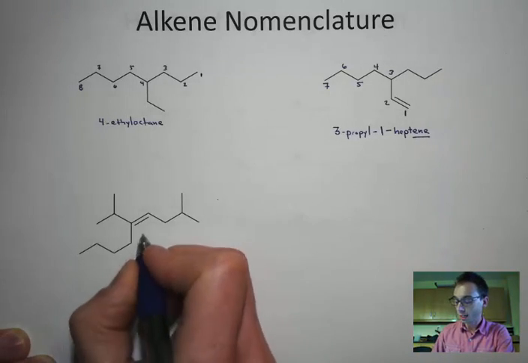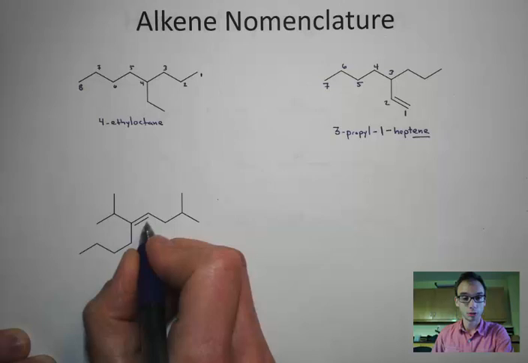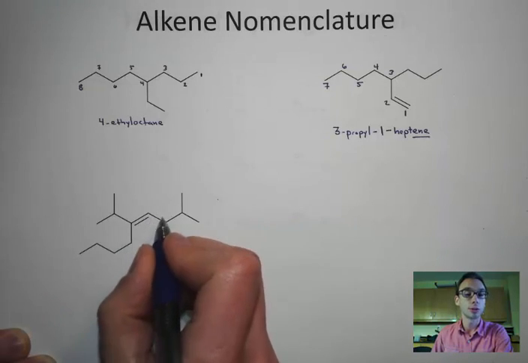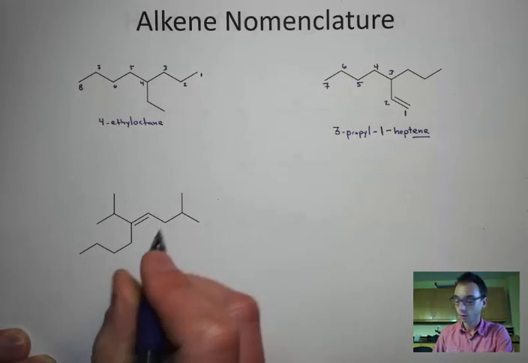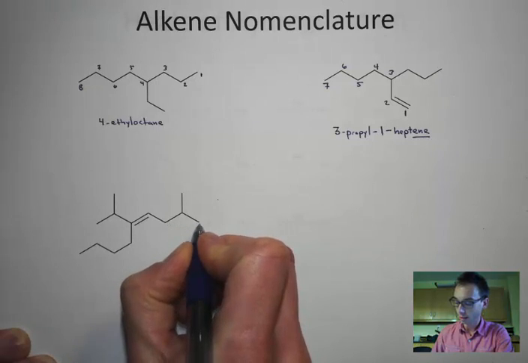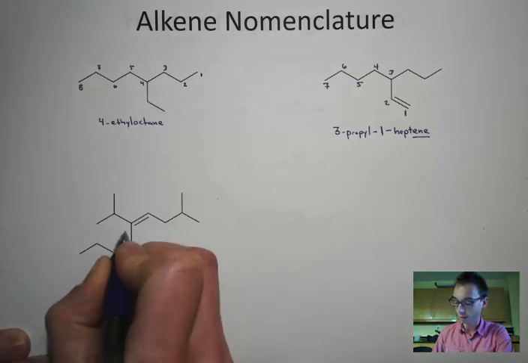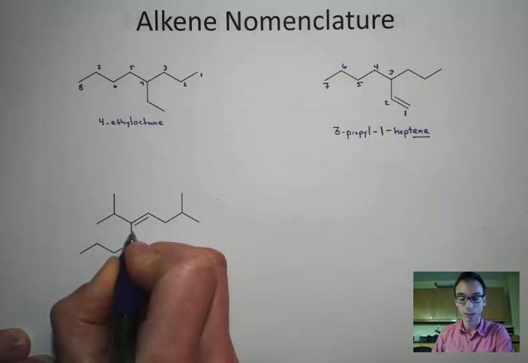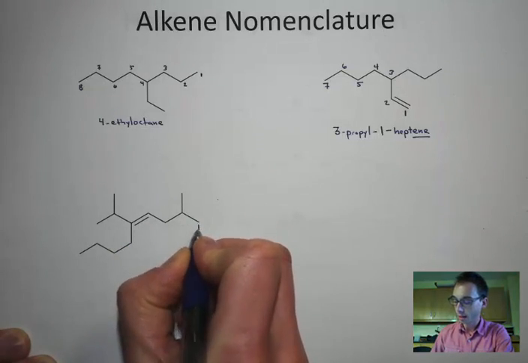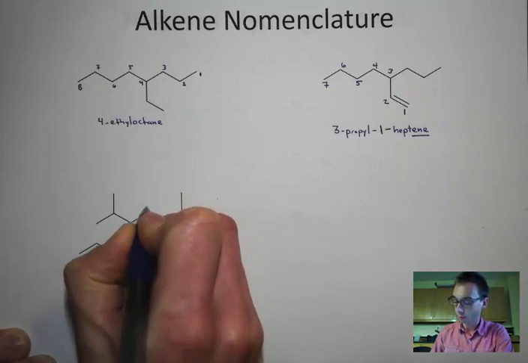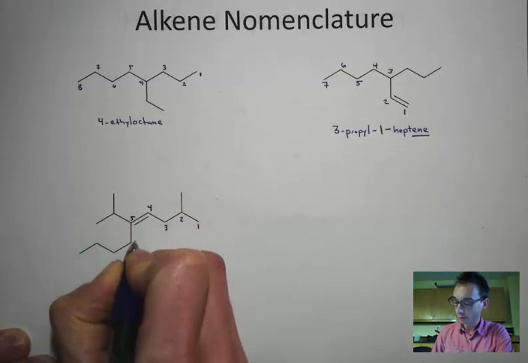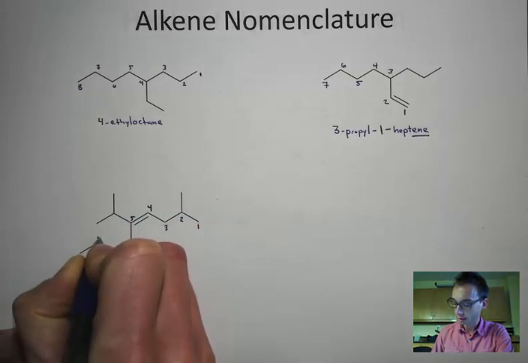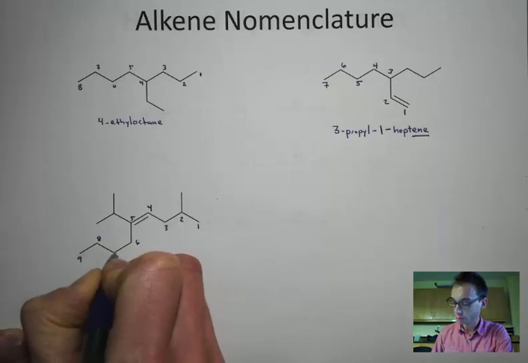Okay? So when I have an alkene that has a geometry, E or Z, I also have to include that. So if I look at this, I can start either at this end or at this end, and I'll include the alkene in the parent chain. If I start at this end, my alkene is going to start at 4. If I start at the other end, and we count, it'd be 1, 2, 3, 4, 5.